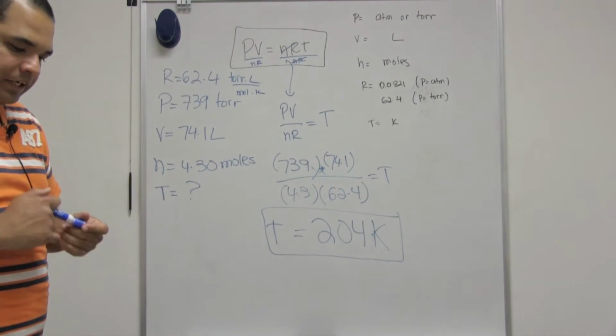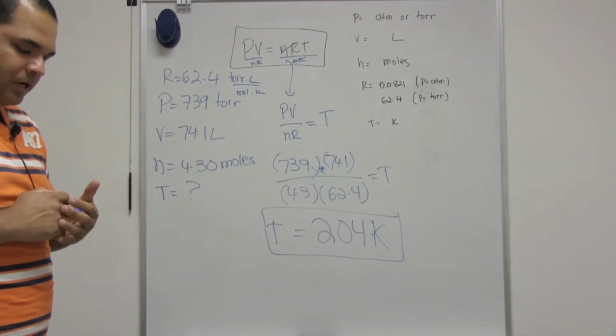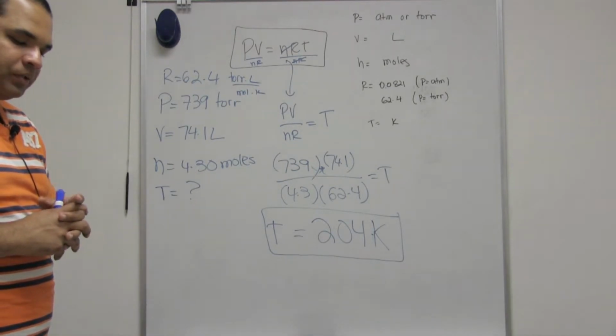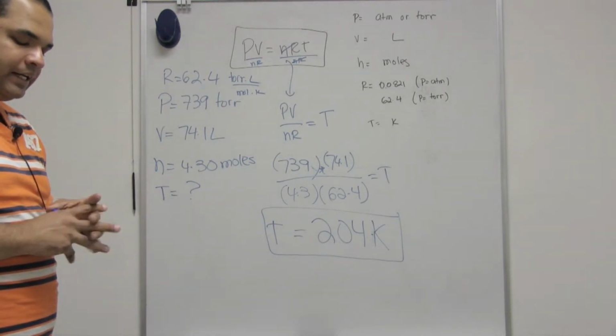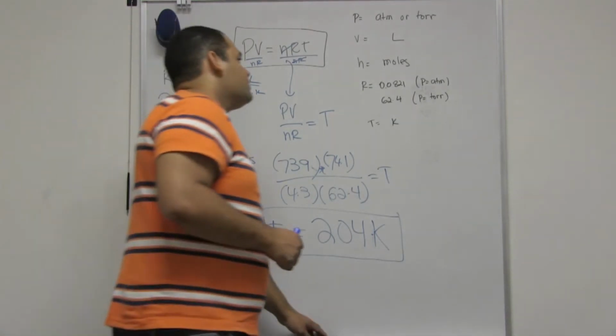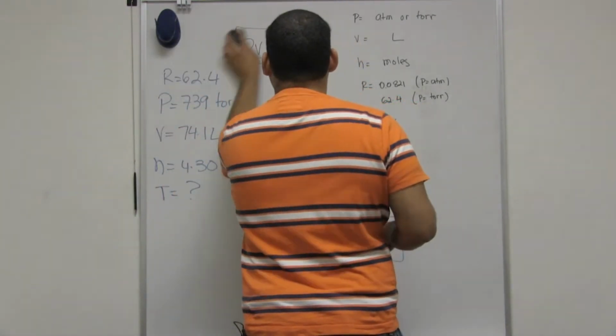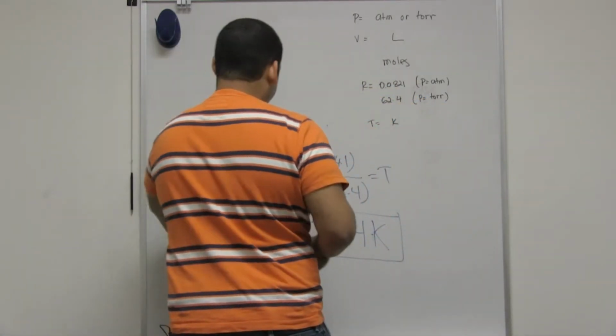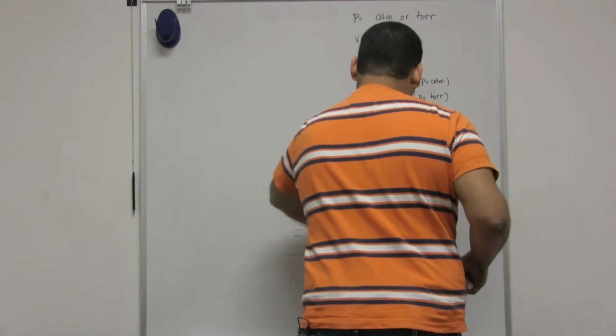Okay, another problem here. It says, what is the pressure of a gas if 2.05 moles occupy 61.7 liters at 71 Celsius? So let's erase this and work this other problem.